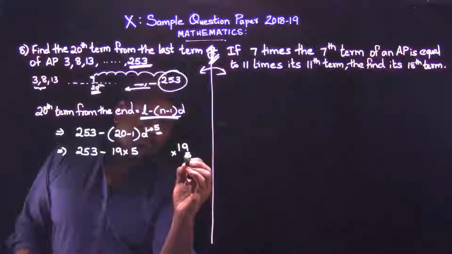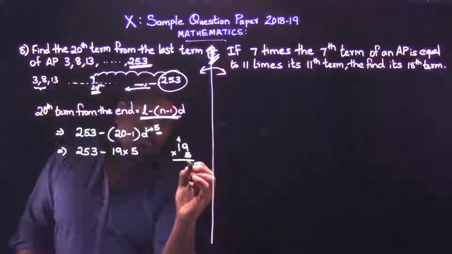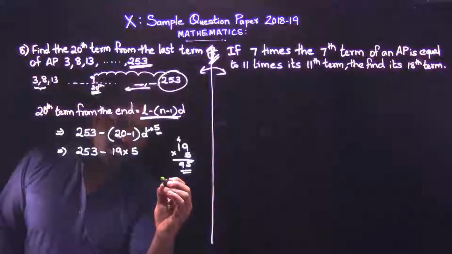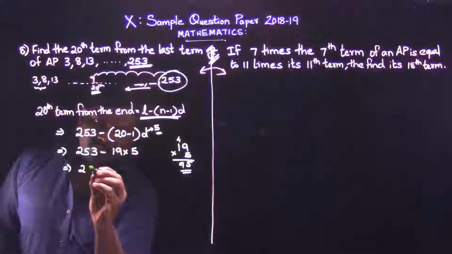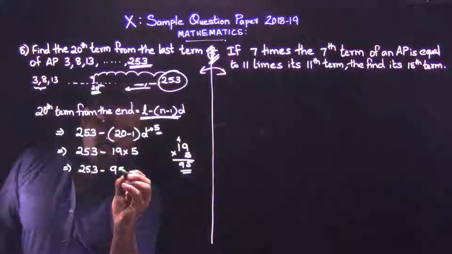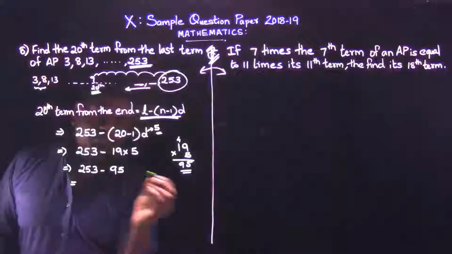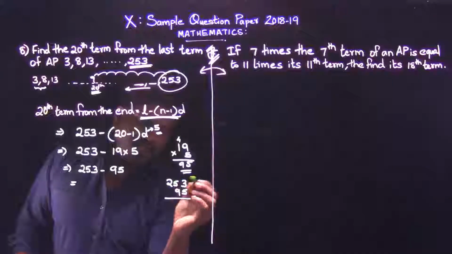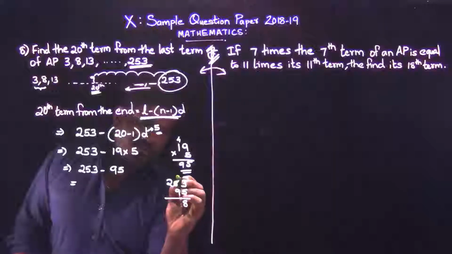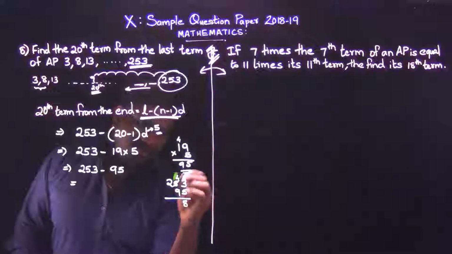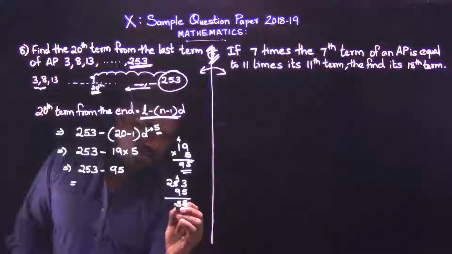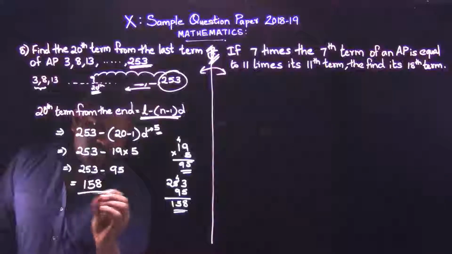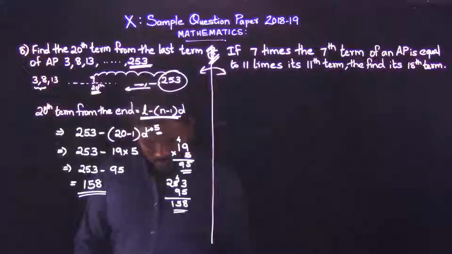19 into 5 is going to be 95, and when you subtract 95 from 253, you get 158.